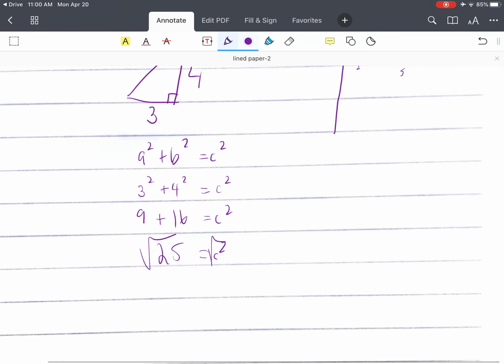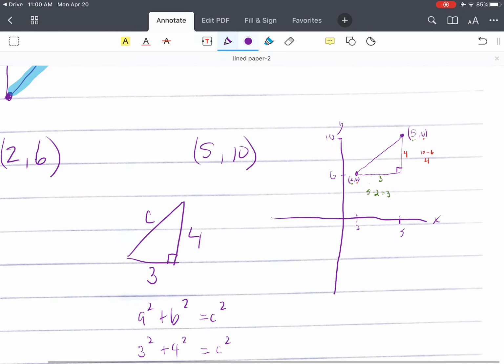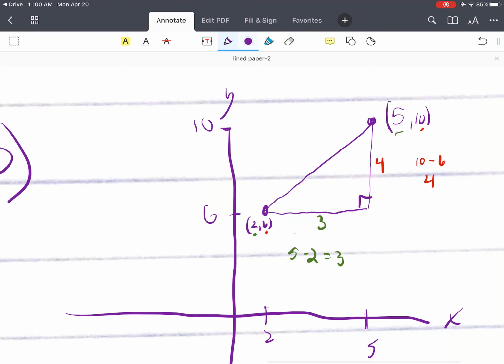And if we take the root of both sides, because that's the inverse of squaring, we get that c is equal to 5. So the distance between these 2 points is 5. And we use the Pythagorean theorem to do that.